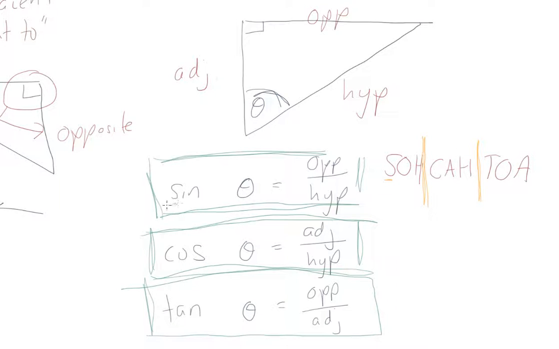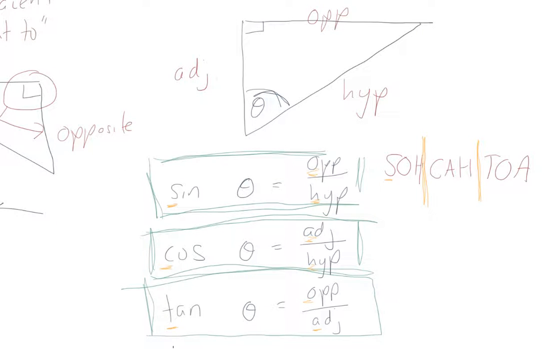S is for sine, and sine is opposite over hypotenuse, SO. Just a nice way of memorizing these. Cos is adjacent over hypotenuse. TOA, tan, is opposite over adjacent. Do very well to memorize these.